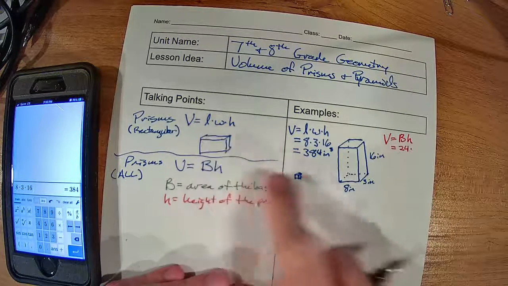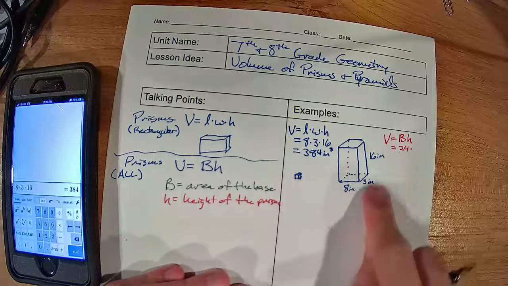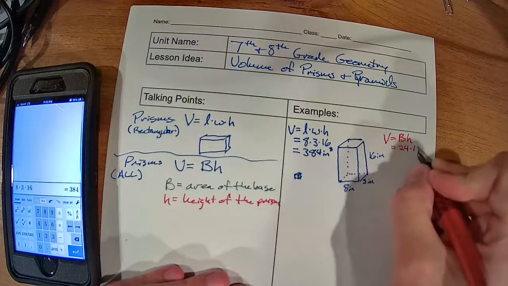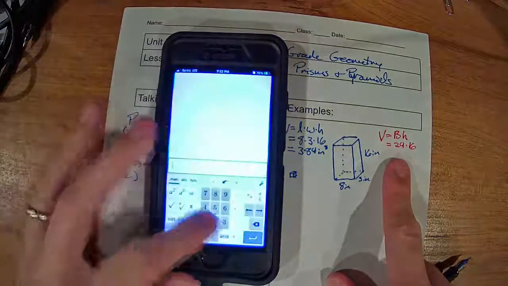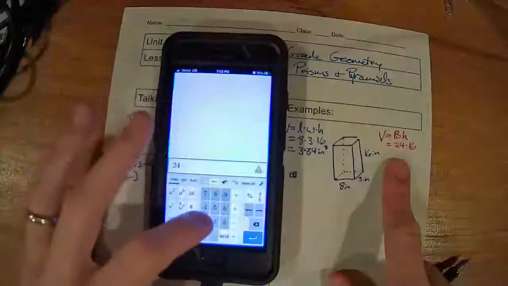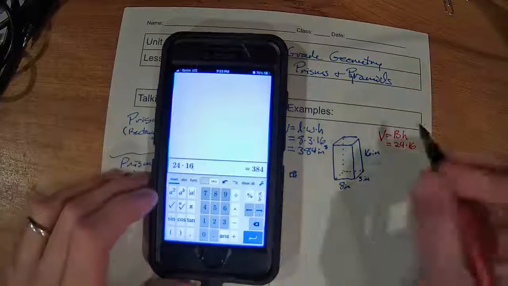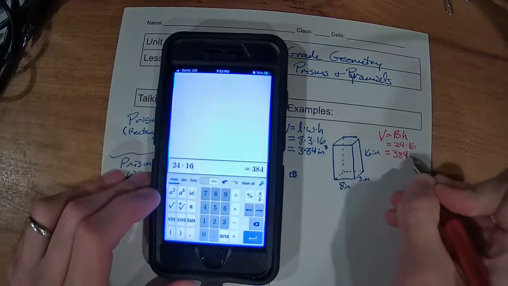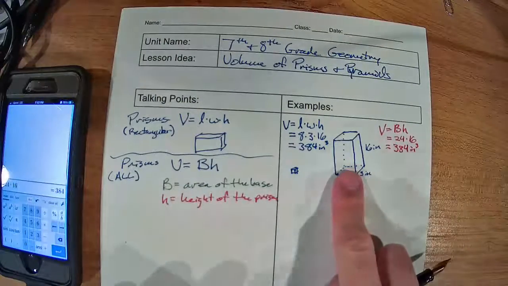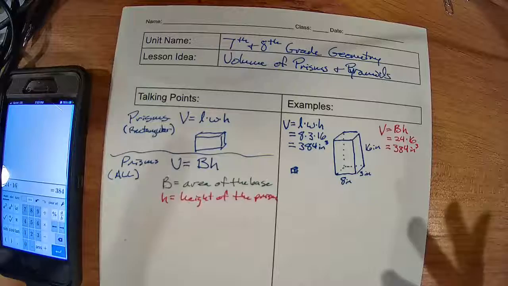And then we multiply it by our height, and in this case it is 16. So in other words, if I take 24, multiply it by 16, notice we get the exact same answer, in this case 384 inches cubed. So both formulas work for rectangular prisms, but this formula works for any prism.